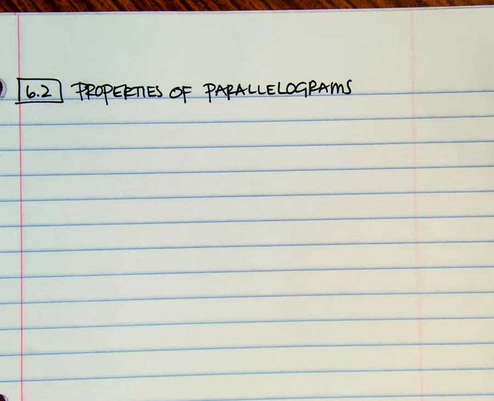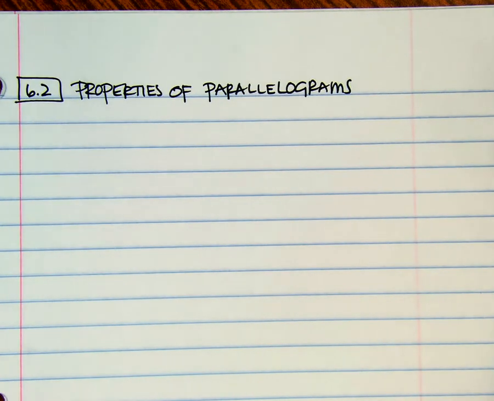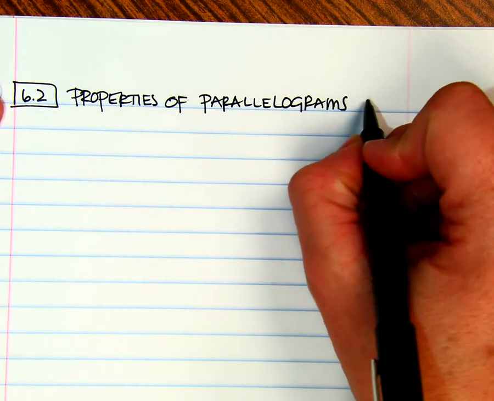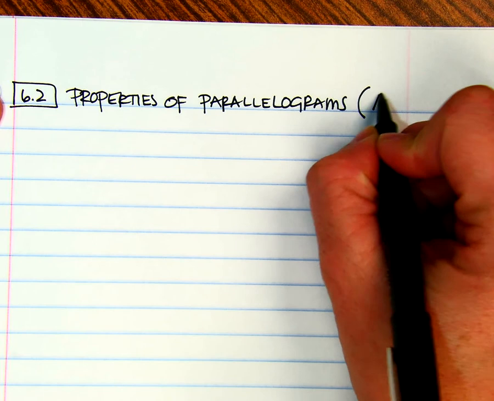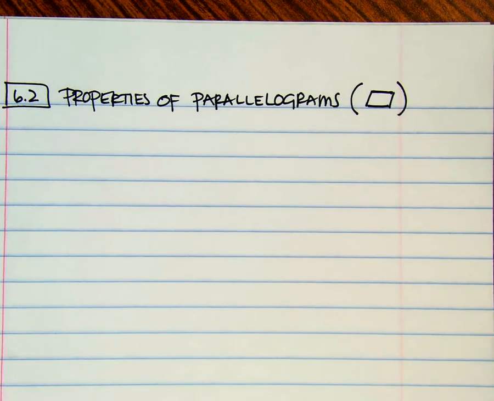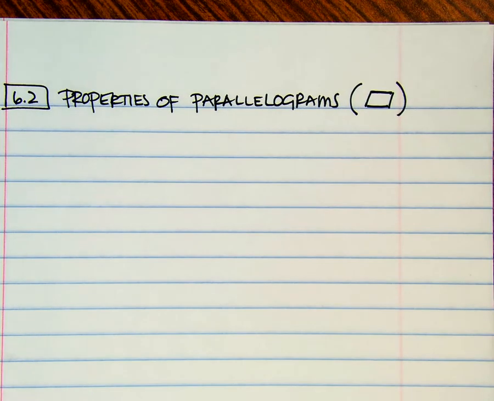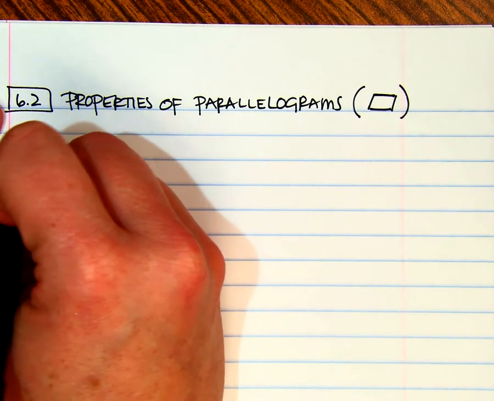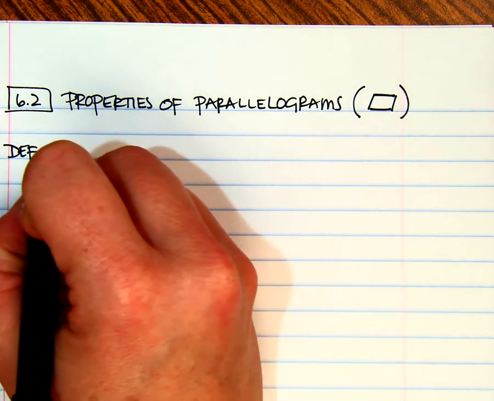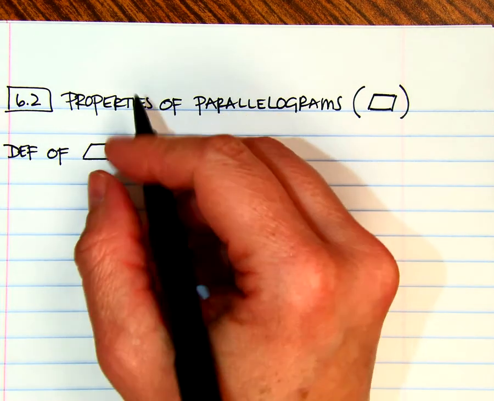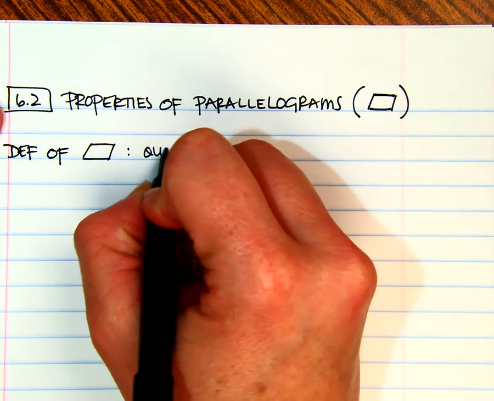Okay, so we are diving into some special quadrilaterals, and the first one we're going to talk about is a parallelogram. Thank God there is a symbol for parallelogram, which is that. So in other words, you do not have to write out the word parallelogram all the time. A parallelogram, by definition, is a quadrilateral.